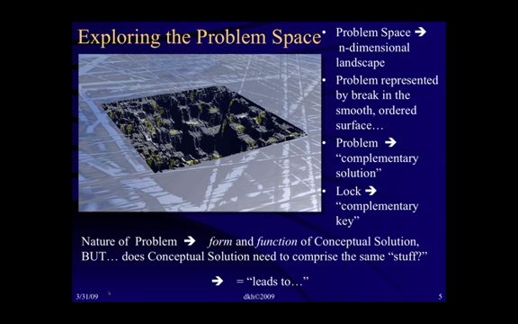This is in the same sense that a key is complementary to a lock. A key isn't a lock, a key undoes a lock, but there's a complementary characteristic about them in that the shape of the lock complements the shape of the key and vice versa. So the nature of the problem leads to the form and function of a conceptual solution.